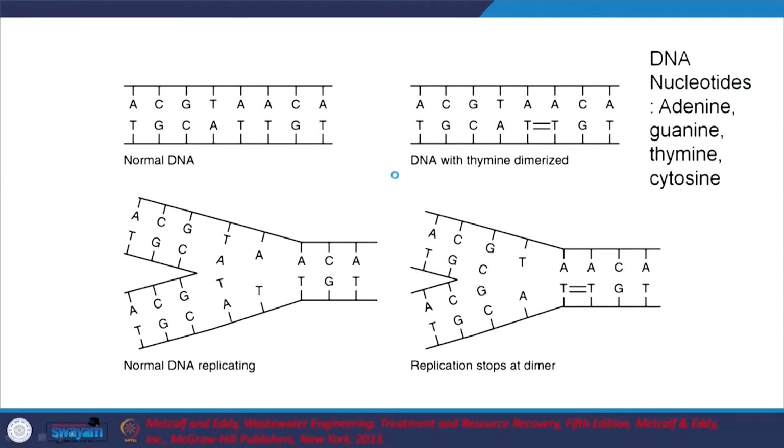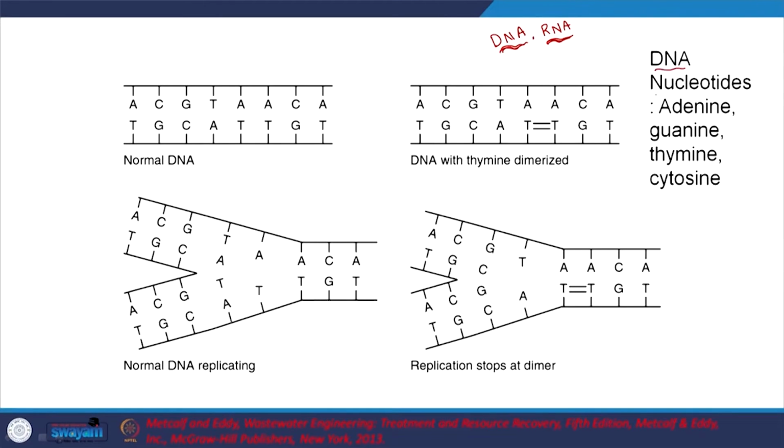And how is it that UV works? UV, as we know, can be absorbed by DNA or RNA. Viruses, let's say, can have DNA or RNA. DNA will tell you how the structure will develop, and RNA will dictate how the metabolic processes take place.